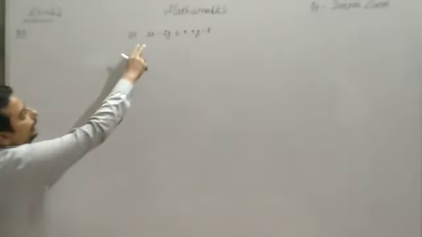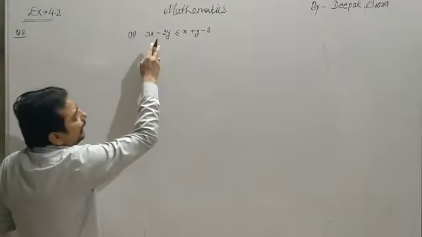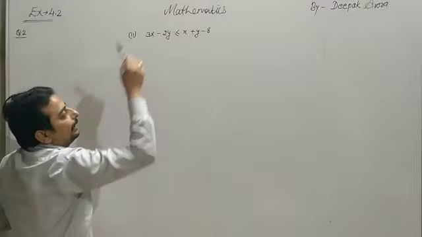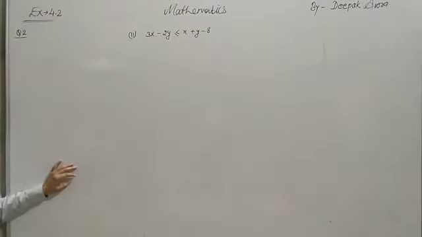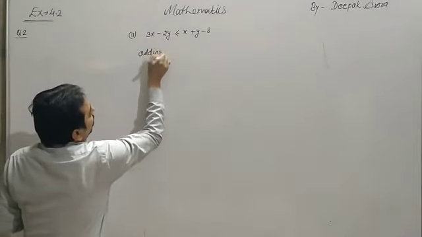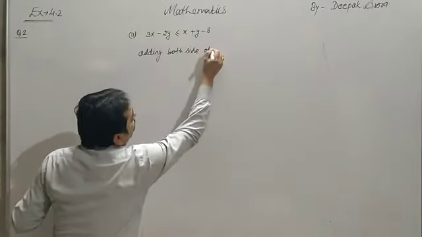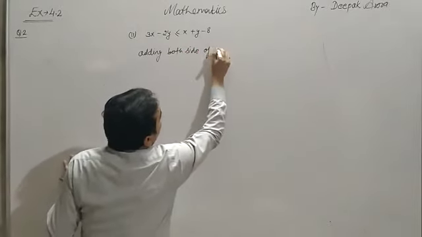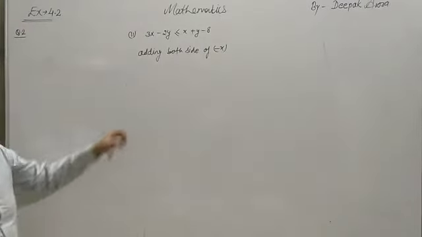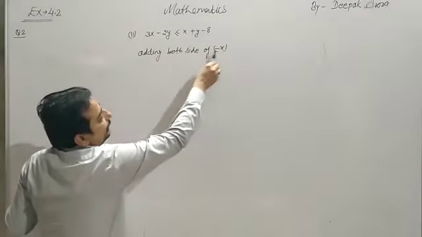Now the second part is 3x minus 2y is less than x plus y minus 8. We have 3x on the left side and x on the right side, minus 2y on the left side and positive y on the right side. Then we add minus x to both sides of the equation.